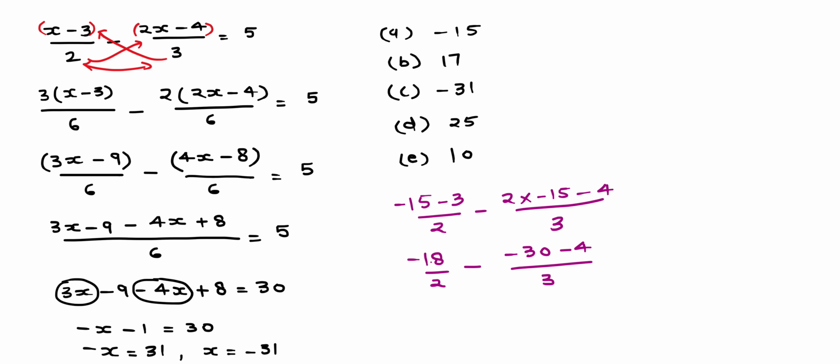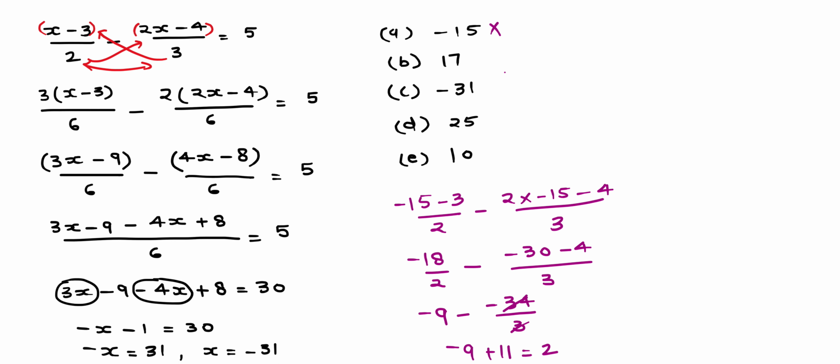Minus 18 divided by 2 is minus 9, minus minus 34 divided by 3. That doesn't give me 5, because minus 34 divided by 3 is approximately minus 11, so minus 9 plus 11 gives me 2, not 5. Also it's not a whole number, so that's not the answer.